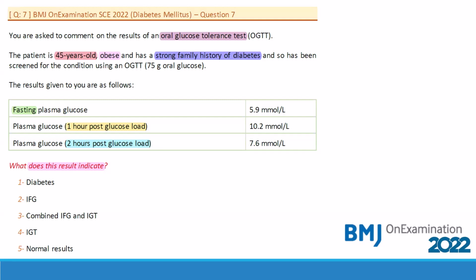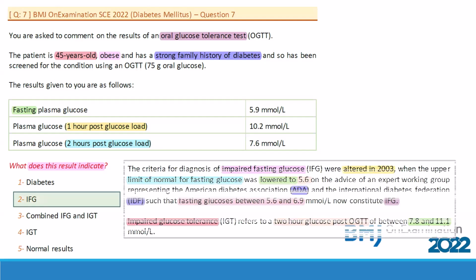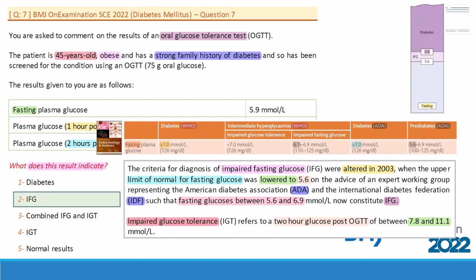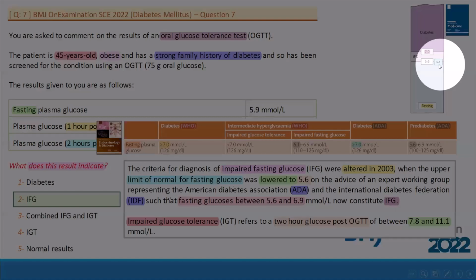So according to NICE and the WHO, it is normal. But actually on the exam, answer it as impaired fasting, because this answer follows the American recommendation. This is an important table regarding the fasting, as I mentioned. Normal fasting is less than 5.6 in the American recommendation, and less than 6.1 in the NICE recommendation.